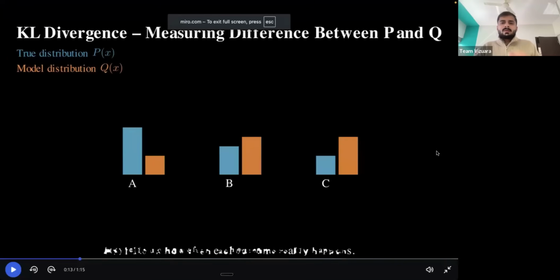Okay, so what we have done here is that we have considered two distributions.